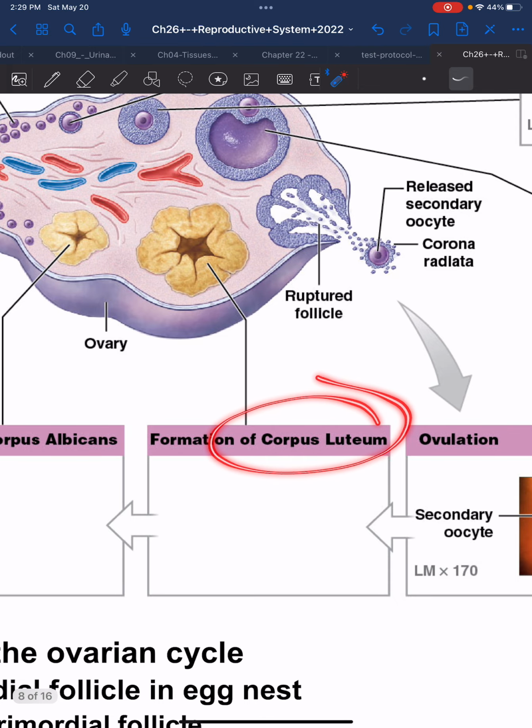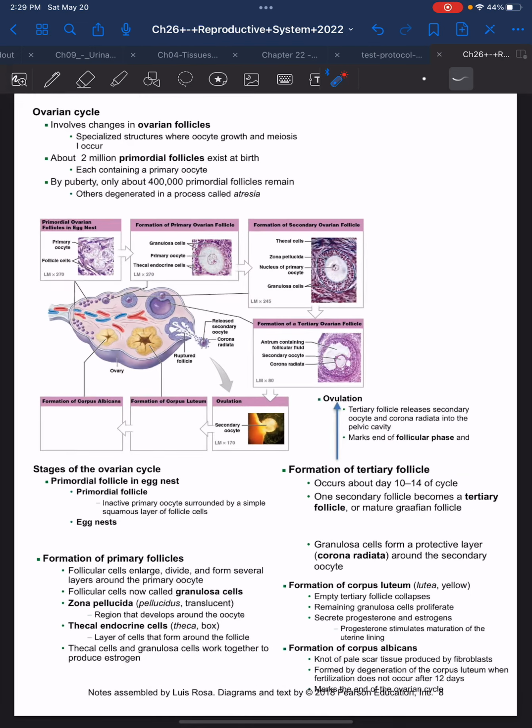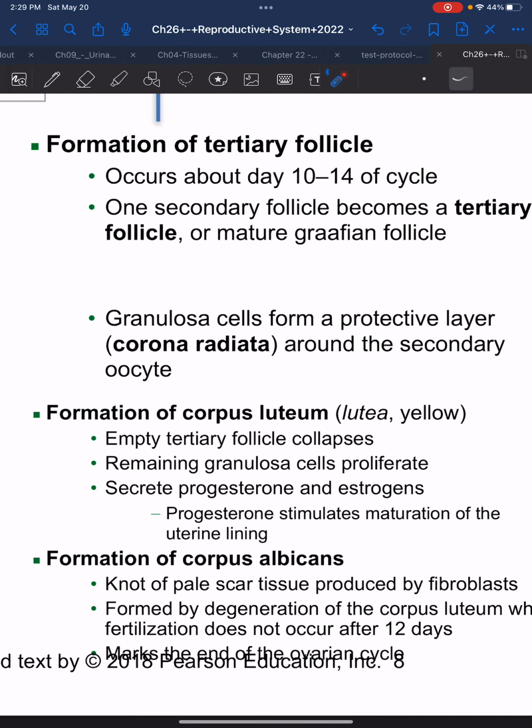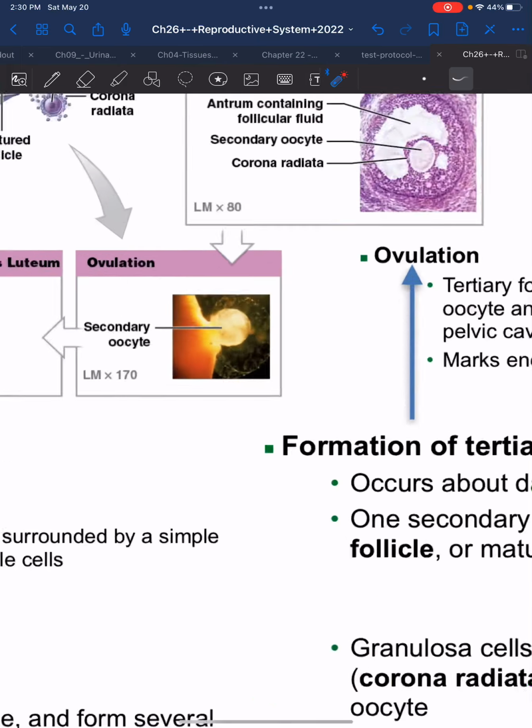And recall what the corpus luteum does, right? The corpus luteum is responsible for secreting progesterone and estrogen, which will mature the uterine lining during that secretory phase, because the egg has been released during ovulation.